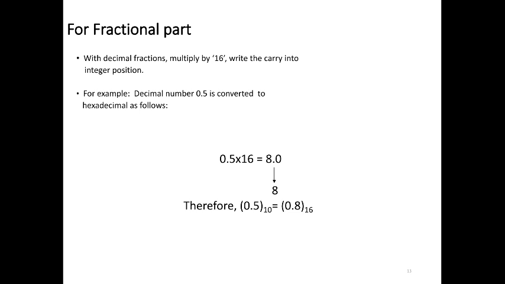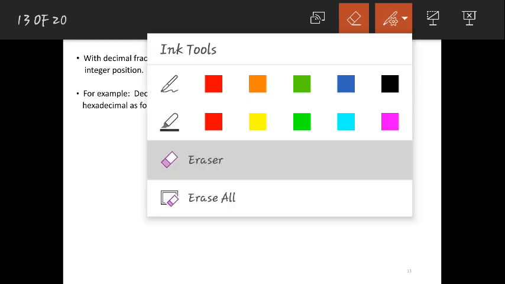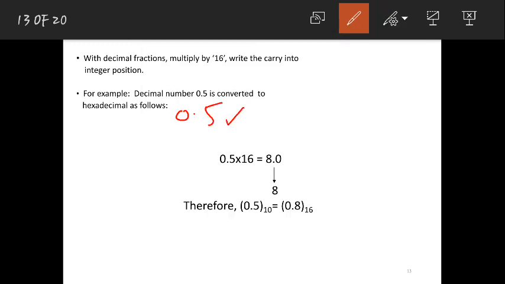So once you converted that, see here what I am trying to say is, don't get confused why we got 8 and all. See the question, this was 0.5 and we multiplied it with 16. When we multiplied that, we got 8.0.